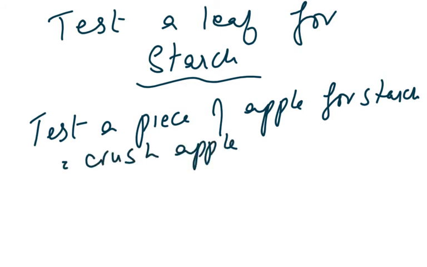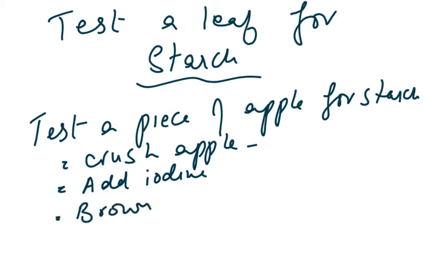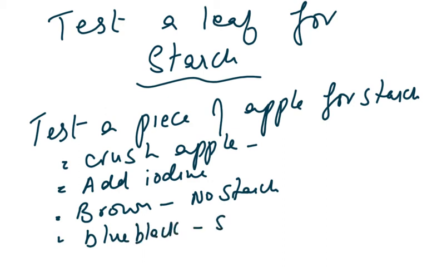Why would you crush the apple? Because we want to release the starch. We want to release the cell contents. So we'd crush the apple and we'd add iodine and we would see what is the color change. If the color remained brown, then no starch. If the color was blue-black, then starch present.